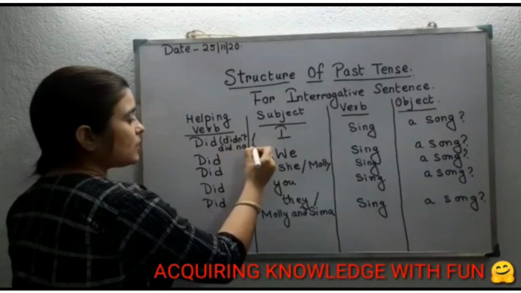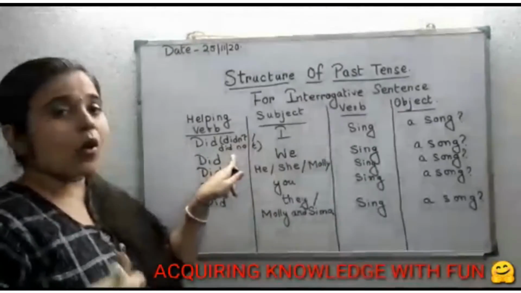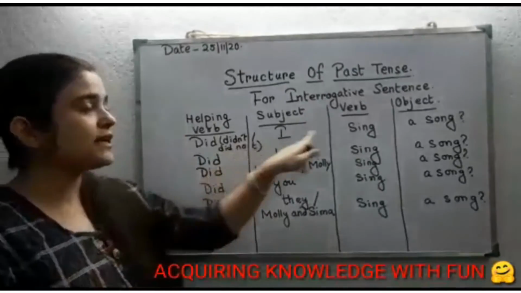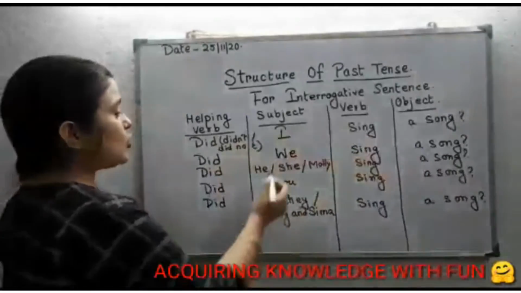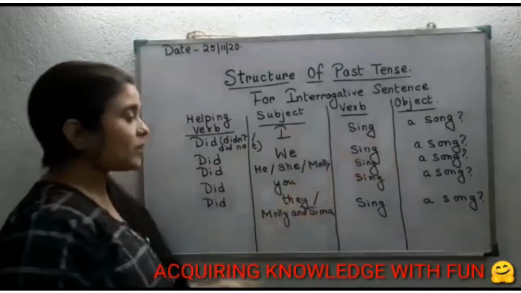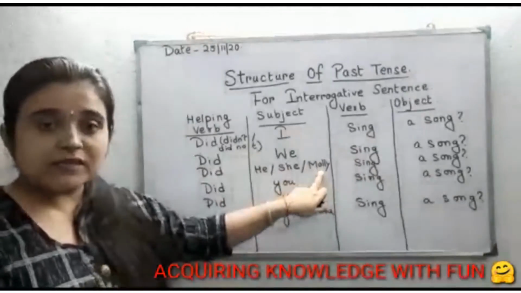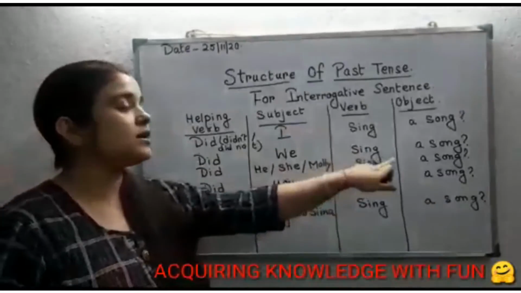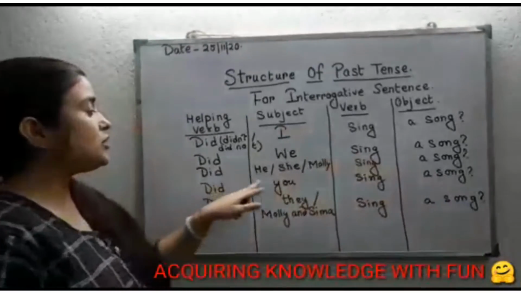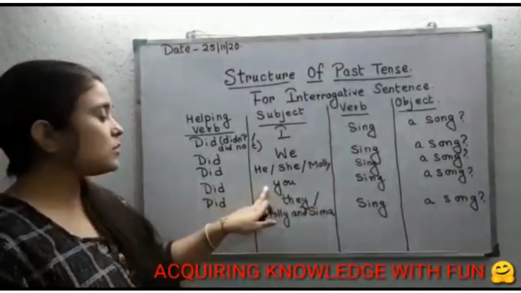Okay. Now you say I didn't or did not. I did not sing a song. Next one say we did not sing a song. He, she, Molly didn't or did not sing a song. Next one, you did not sing a song.